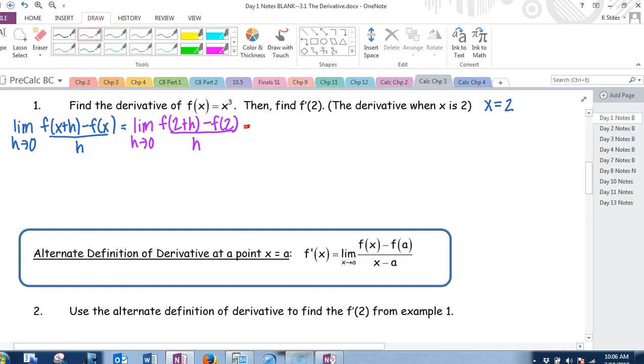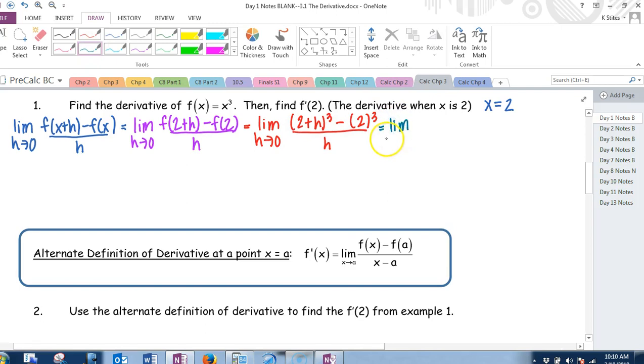And now we'll go ahead and plug this into the actual function, x cubed. So right now this should pretty much be what you're used to. Oops, that's a 2. 2 plus h cubed. So 2 plus h is going in place of x, minus 2 cubed is going in place of f of x, all over h.